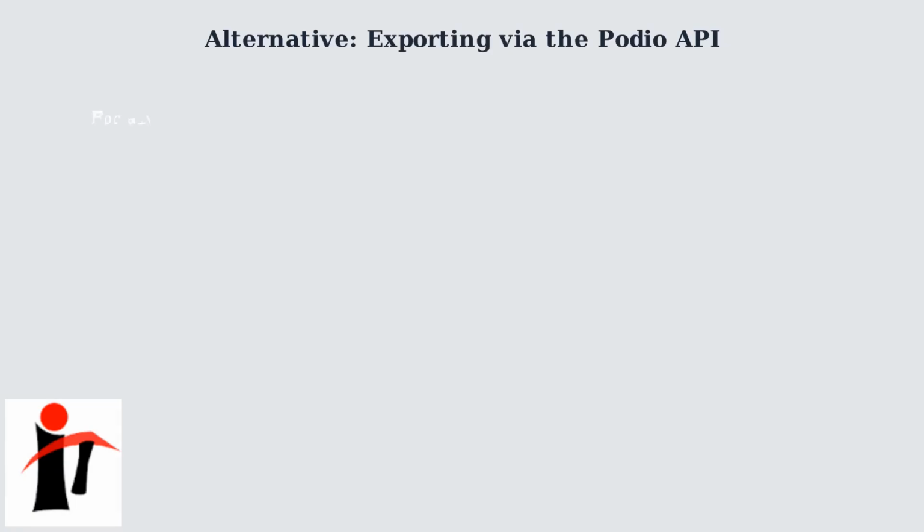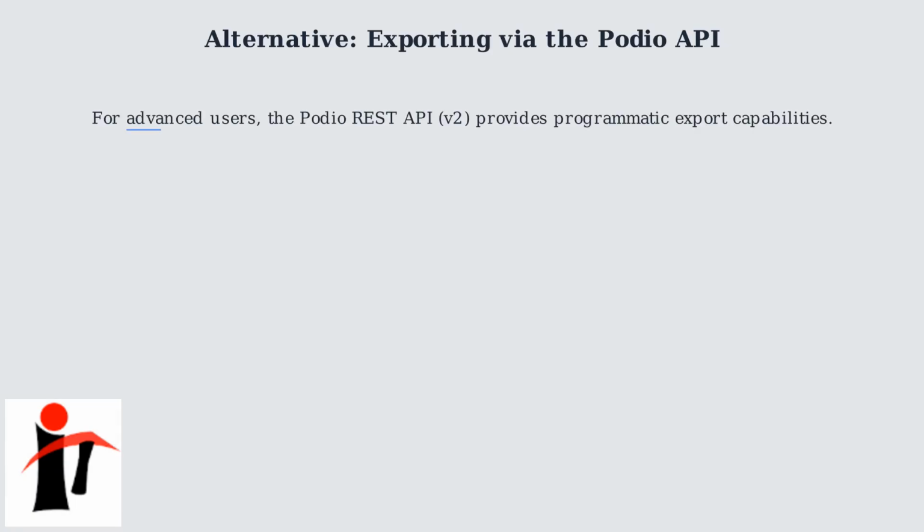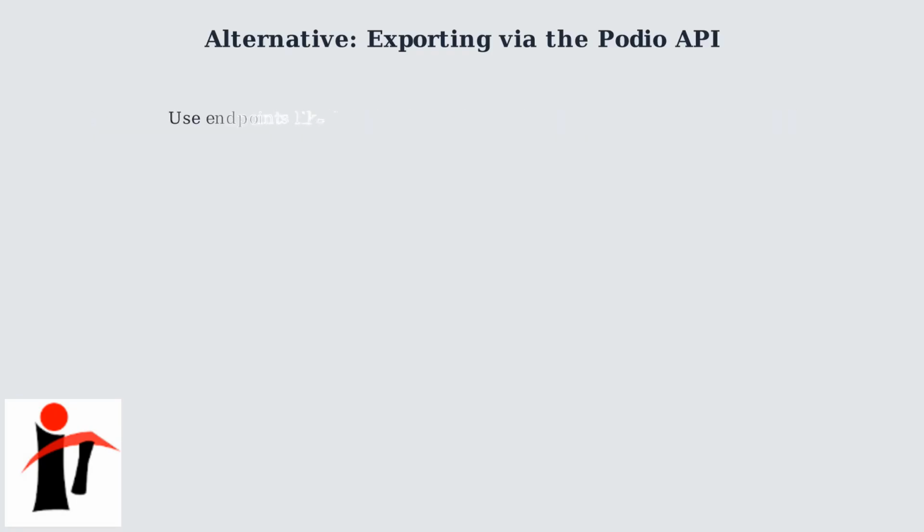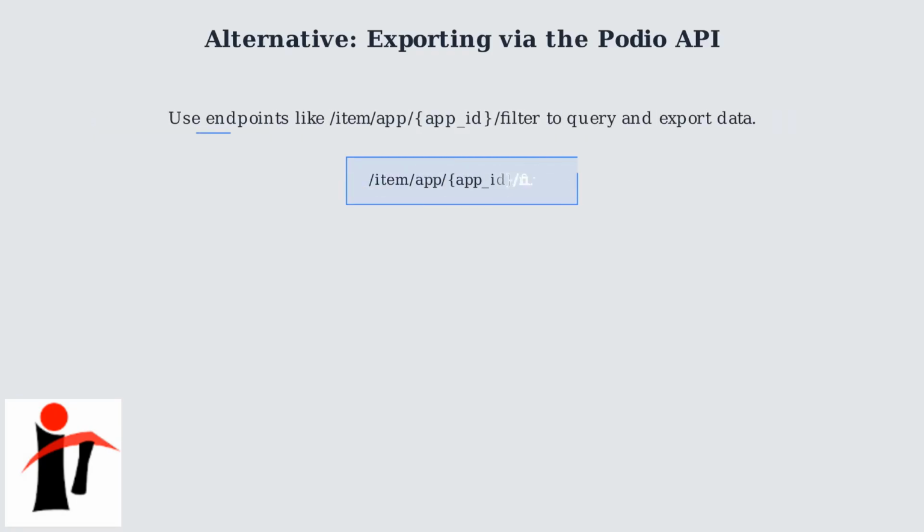For advanced users, the Podio REST API version 2 provides programmatic export capabilities. This method allows direct access to Podio data through code, offering more control than manual exports. Key endpoints, such as item apps, app items filter, allow you to query specific data from your Podio apps. You can filter contacts by various criteria and retrieve them in JSON format for easy processing.